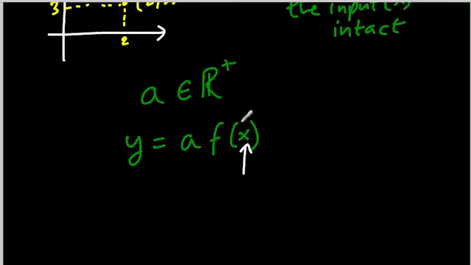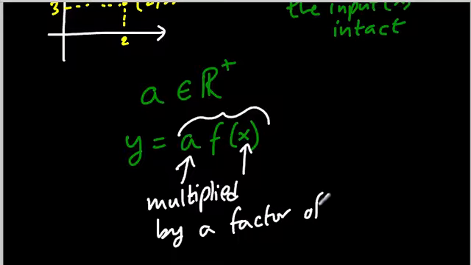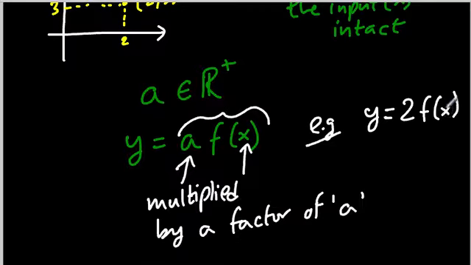There's nothing affecting the x's, so the x's remain intact, while the outputs are being multiplied. The y's are now being multiplied by a factor of a. So say I said y equals 2 f of x. The x's are not affected at all, but now all the y's are being multiplied by a factor of 2.